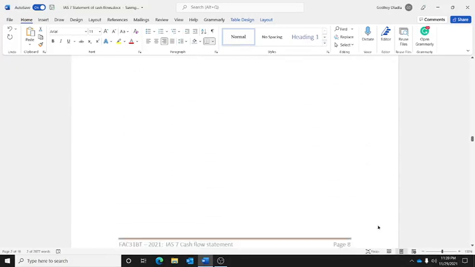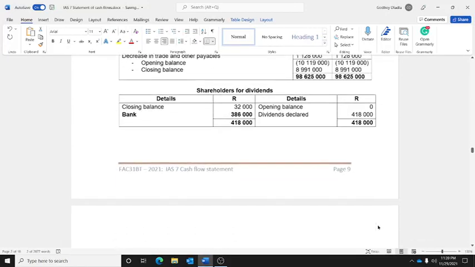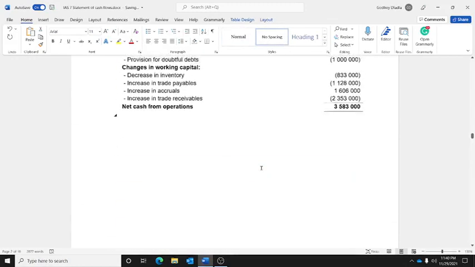Right, let's then go and deal with shareholders for dividend. There we go. Opening is 0, like it's given there. Our closing is 32. The dividend that has been declared of 418 comes from here.